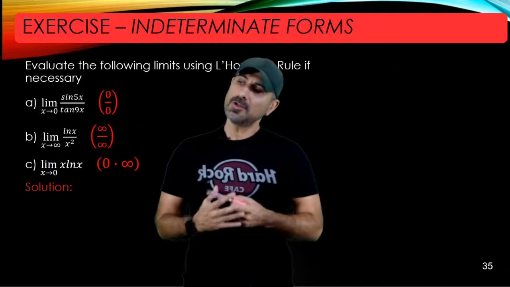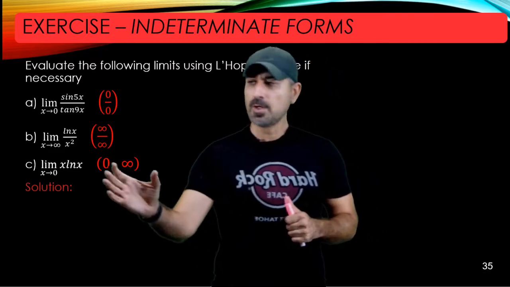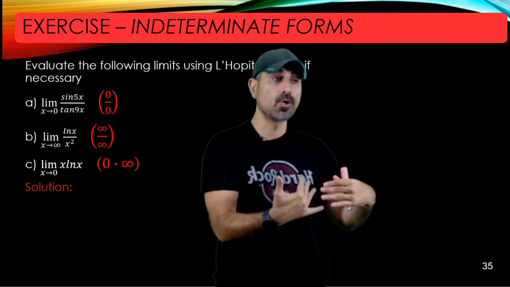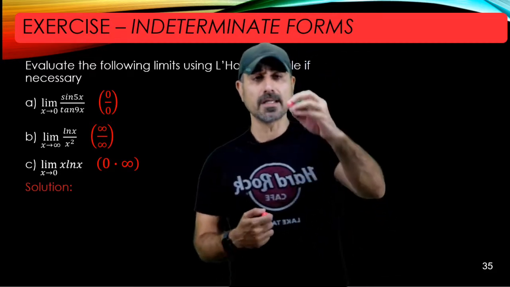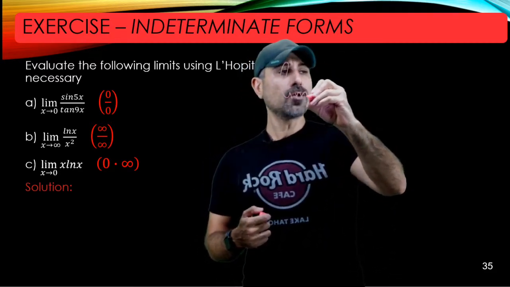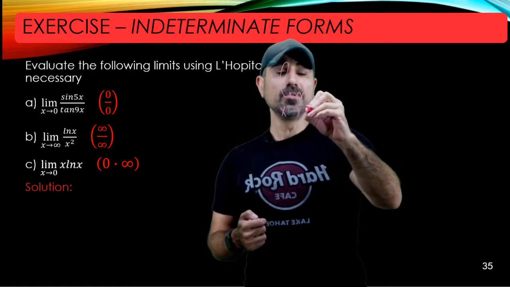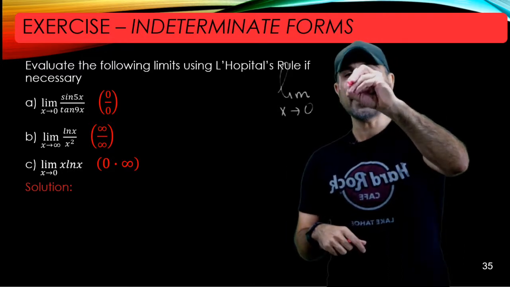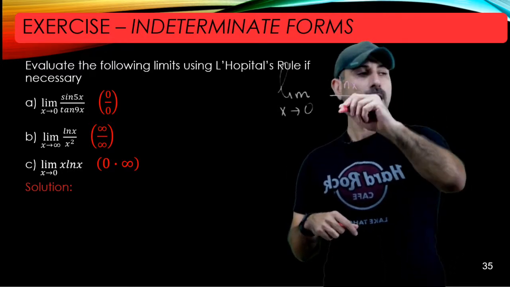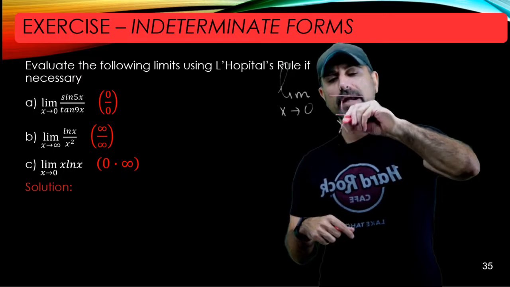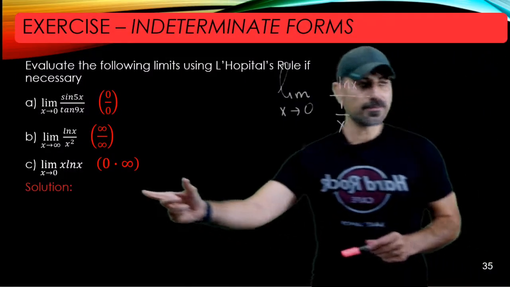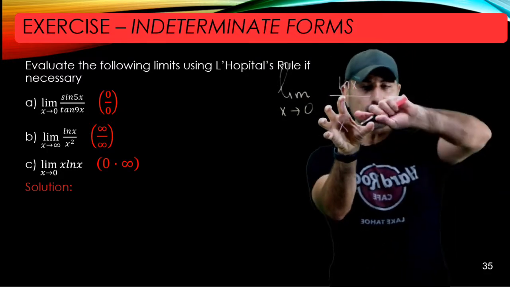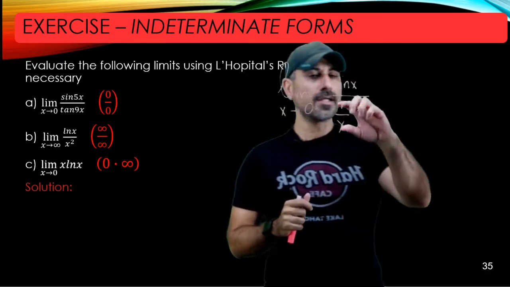So now I want to use some algebra to make this limit look like either 0 over 0 or infinity over infinity. So for that reason, why don't we rewrite this limit as ln x divided by 1 over x. Instead of x ln x, I wanted to rewrite this as ln x over 1 over x, because once you flip 1 over x, then that's x.